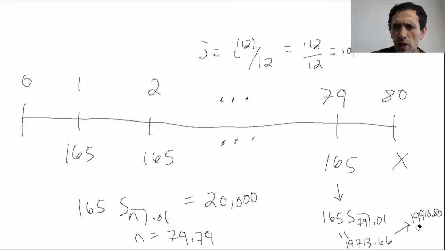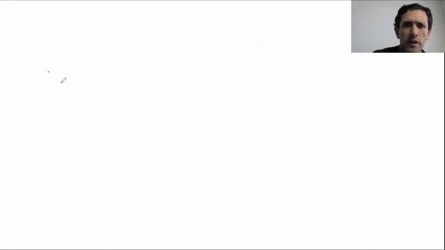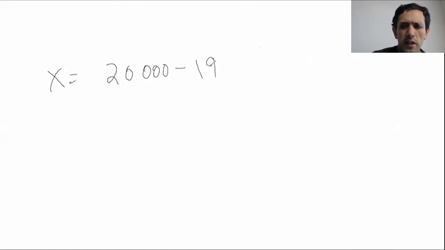So it's 19,910.80. Okay, so obviously now we can figure out what X is. Just 20,000 minus 19,910.80. So this is 89.20.